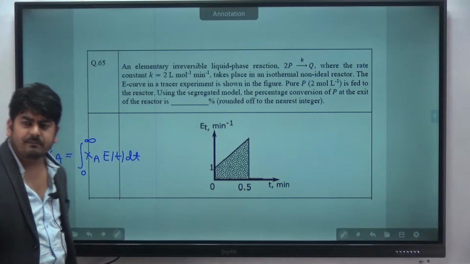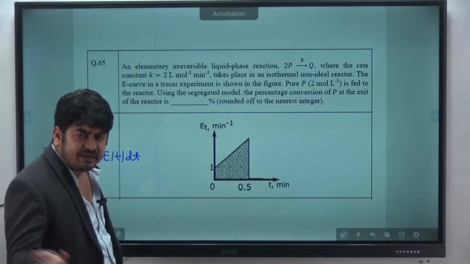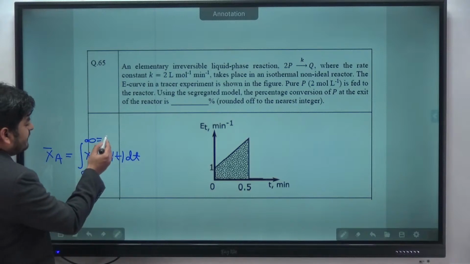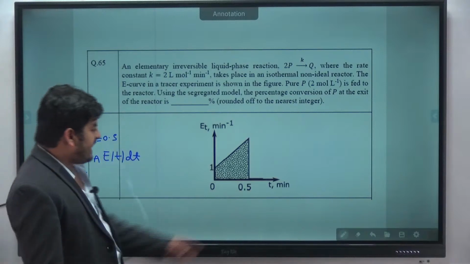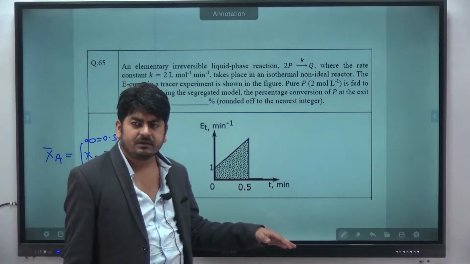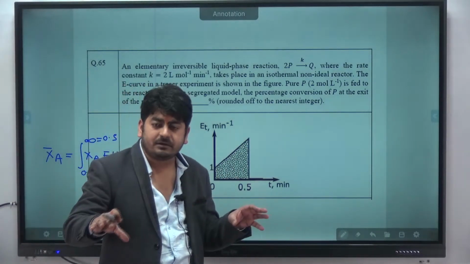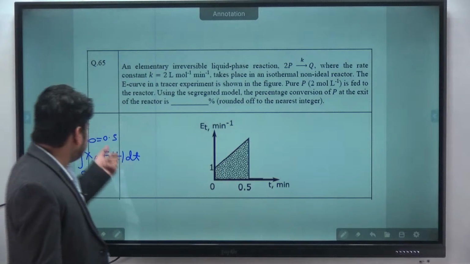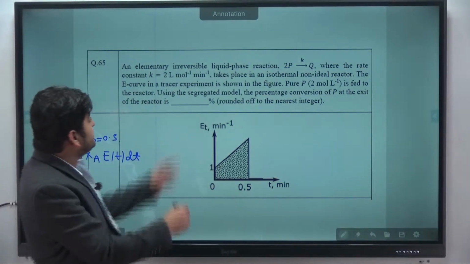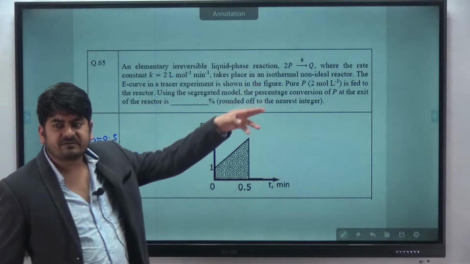If you remember the pulse input method, the RTD experiment, here this value will remain 0, but this value will become 0.5, because at 0.5 this curve ends, all the molecules are leaving, there is no dead zone, no long tail.